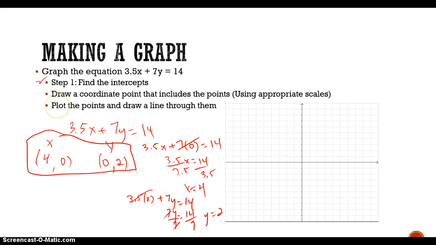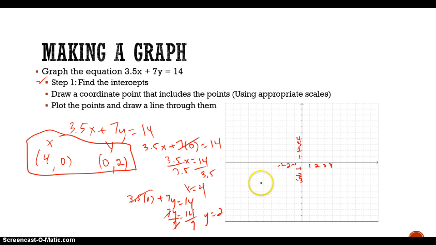Step 2, draw a coordinate plane that includes the points. Use appropriate scales. What I mean by that is when you're graphing this right here, make sure you're using appropriate scales. So this is 1, 2, 3, 4. If we have larger numbers, we may want to go by a different scale. So we use this as our scale.